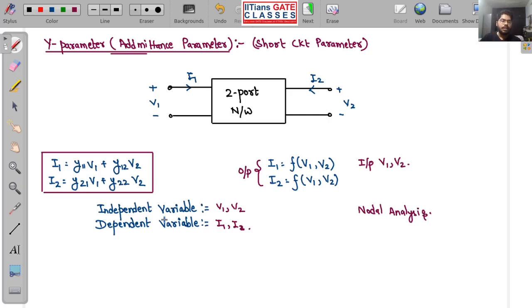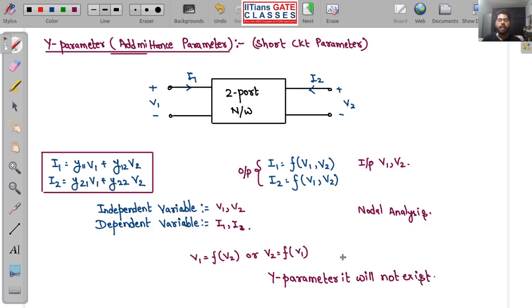As I was telling, this is my independent variable and this is my dependent variable. Suppose V1 is a function of V2, or V2 is a function of V1. In that case, for such a circuit, the Y parameter will not exist, where the independent variables are dependent on one another.